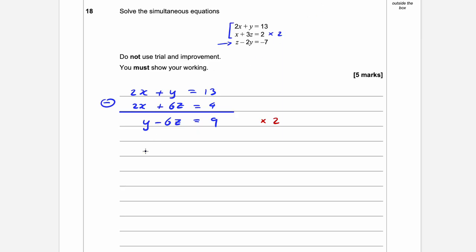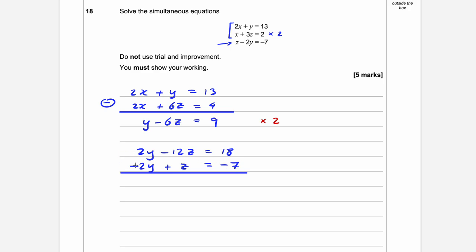Okay, so this times 2 is 2y minus 12z equals 18. And then this guy is minus 2y plus z equals minus 7. Same signs subtract, guys.